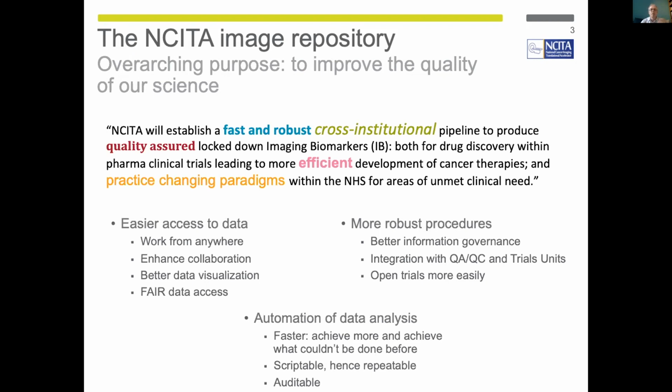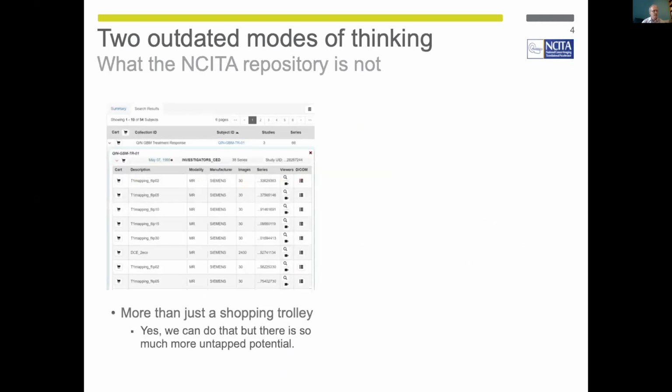And I'm sure, moreover, everybody knows about this whole repeatability crisis that people are talking about in cancer science. And what we're aiming to do is make all our analysis repeatable and auditable by giving all our data a proper provenance.